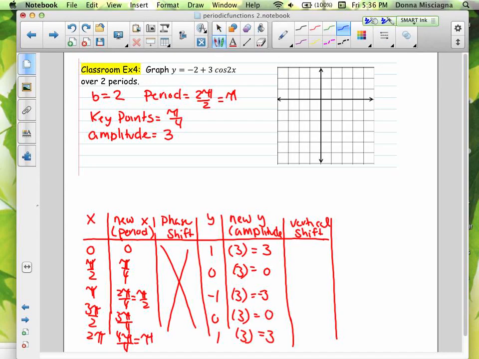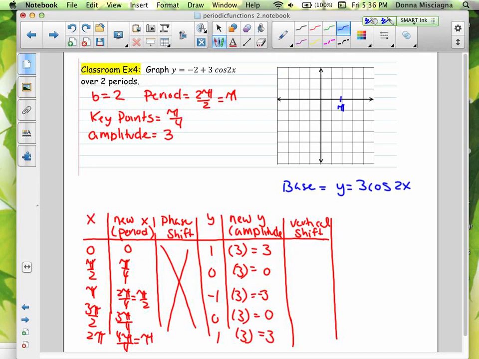So my base graph here, actually I'm going to write it over here because probably I'm going to run out of space. Base graph is y equals 3 cosine 2x. Let's go up by pi fourths. That seems to be sensible.